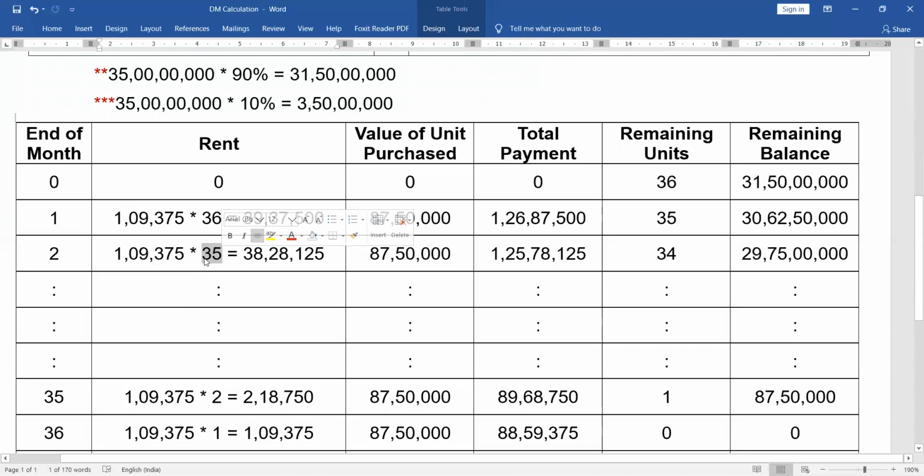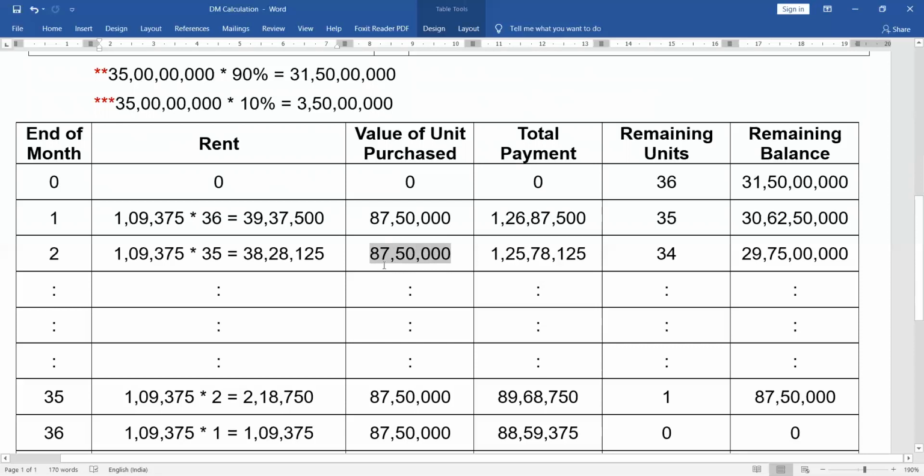So 1 unit has been reduced from the share of the bank. Now it is only 35 units. After multiplying 35 units with the rent amount, we obtain 38 lakh 28,125. And then the customer has to purchase 1 unit.